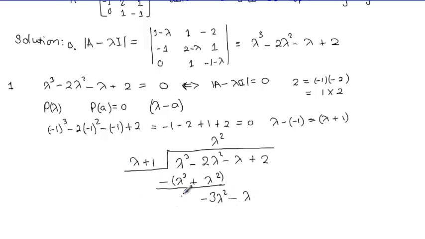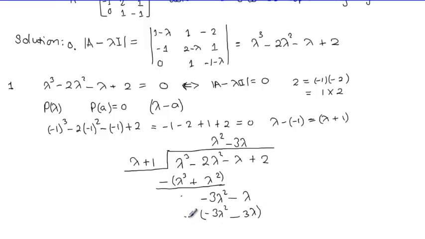Then we divide again this leading term here by lambda. We get minus 3 lambda. Multiplying there, we get minus 3 lambda squared minus 3 lambda.